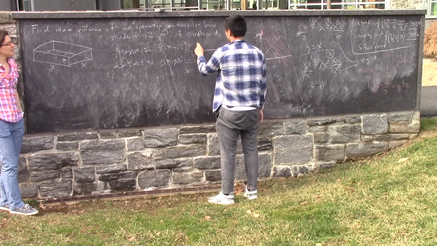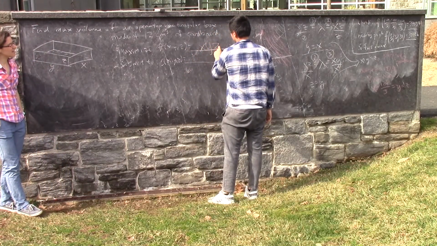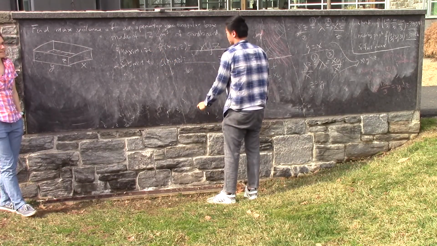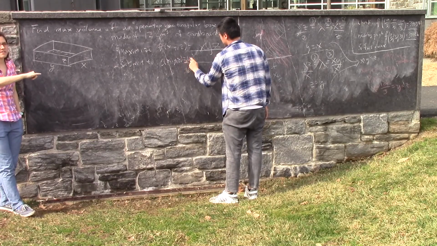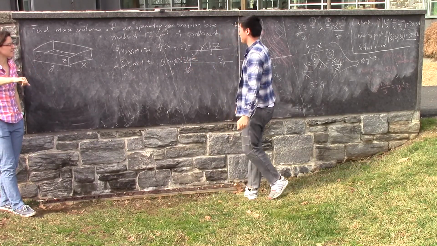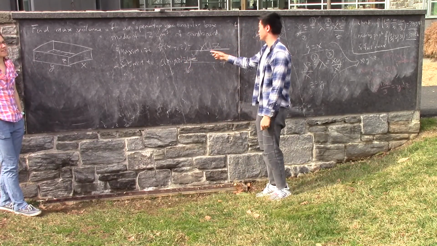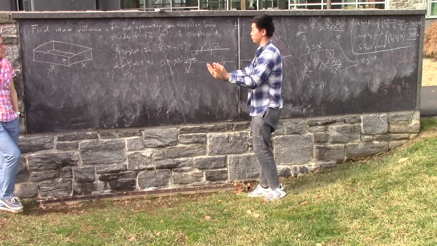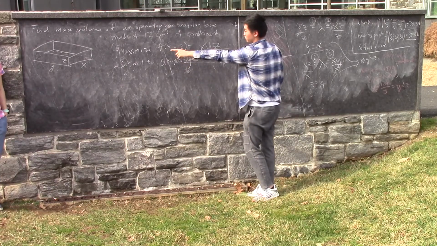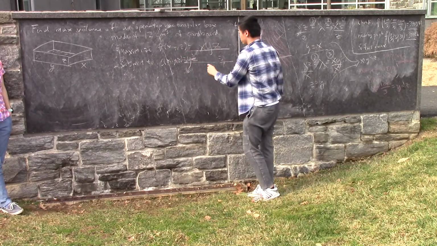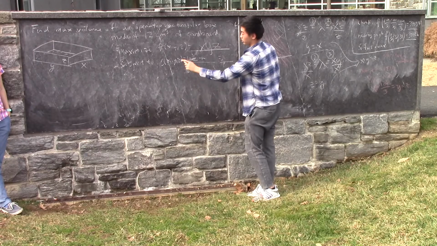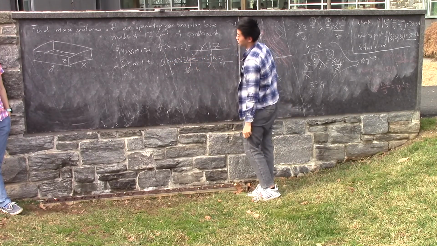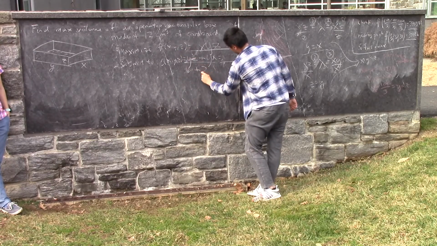We're just trying to maximize this volume, so it's xyz, and then we're just trying to add up the areas of the different surfaces. So there's 2 times yz, because you have the 2 sides here, plus 1 times xy, which is the bottom one, and then plus 2 times xz.